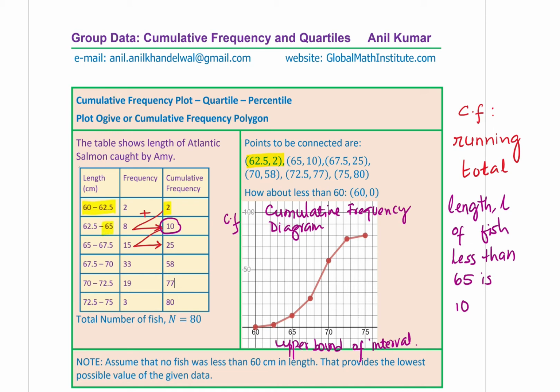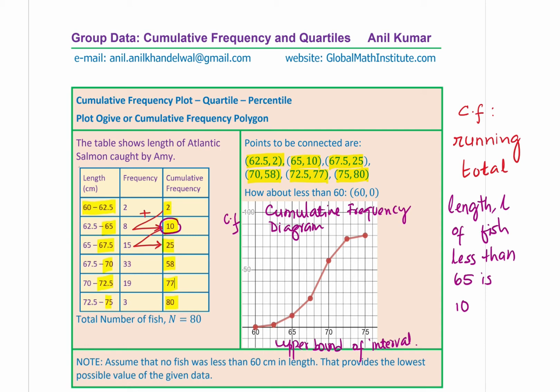The second one, less than 65, we have 10. So 65, 10. Less than 67.5, when you add, you get 25. So that gives you the third coordinate point. Likewise, when you keep on adding, we get the coordinates 70, 58, 72.5, 77, and when you add all of them, less than 75, we have 80. So that is the final point.